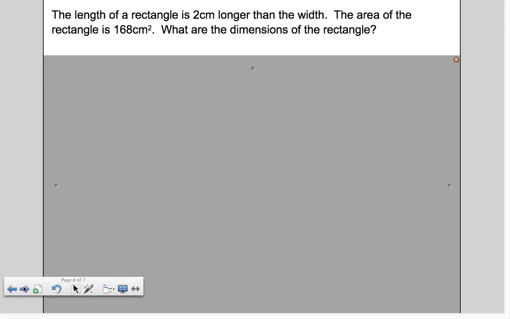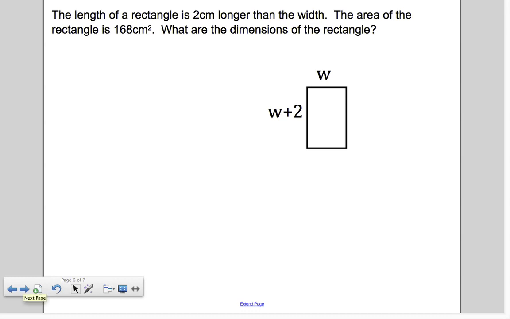We introduce a variable. So if I was to do this, I draw my rectangle. Well, I'm going to introduce my variable w.